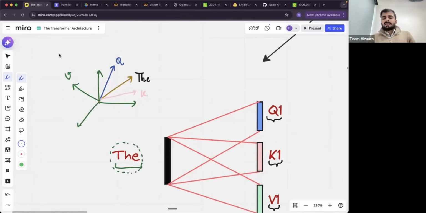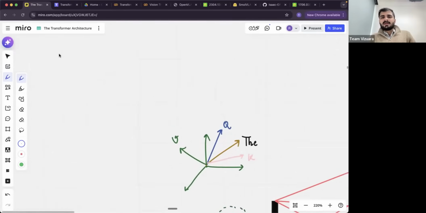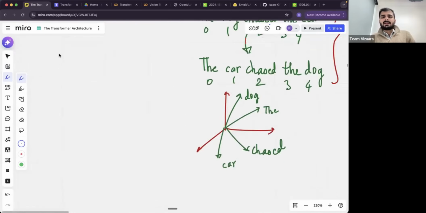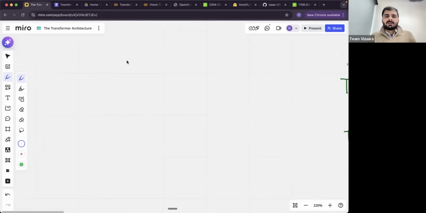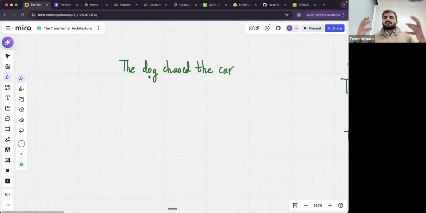So before we understand how queries, keys and values are related, let's take an example and try to understand it. We'll take the example, "the dog chased the car." When I look at this sentence, all of us form an image in our mind, right? Like the dog is running behind the car. So we understand that this dog and this car are related to each other.